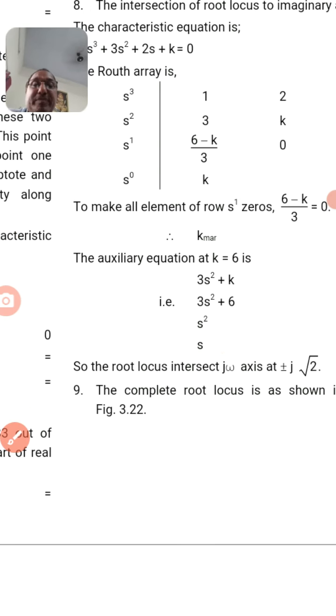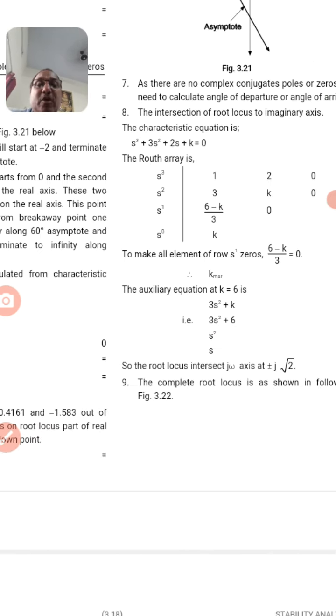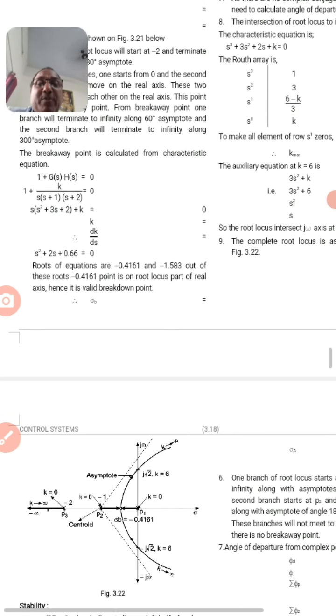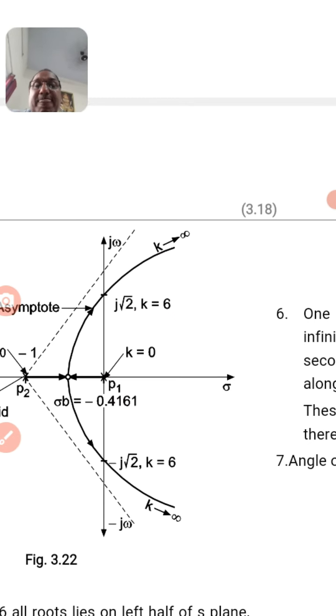So root locus intersects at plus or minus j root 2. Root 2 is equal to 1.412 on the j omega axis. The complete root locus can be plotted in this fashion.